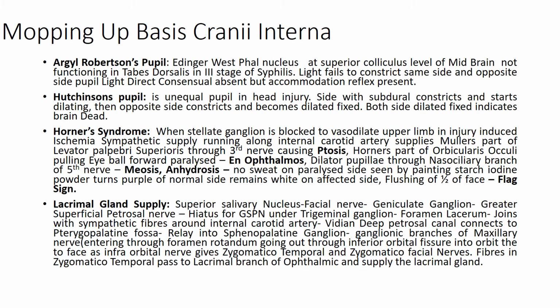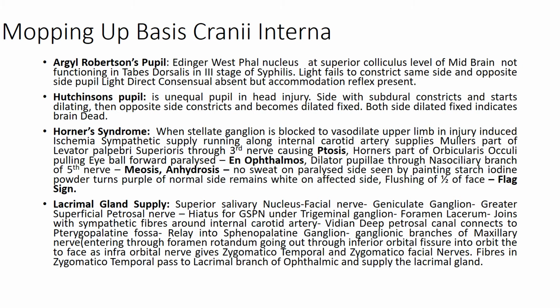Finally, there's flushing of the half of the face where the stellate ganglion has been successfully blocked. This is called the Harlequin sign. So ptosis, miosis, enophthalmos, anhidrosis and the flushing sign are characteristics of Horner syndrome.